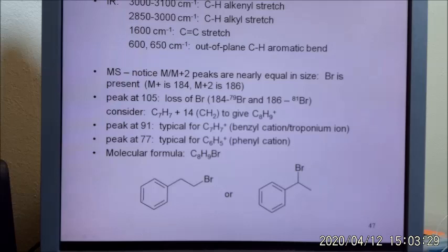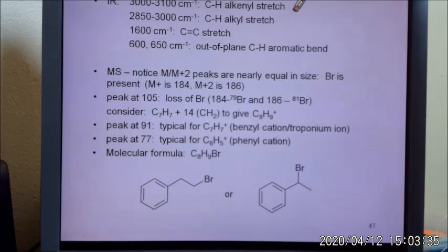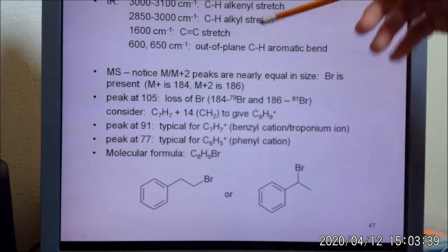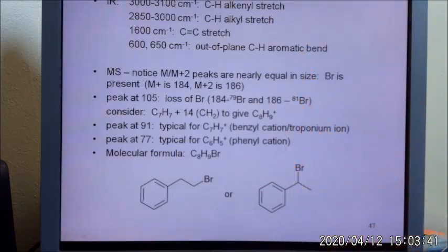Okay, so let's take a look. We have an alkyl stretch, carbon double bond carbon, and I think it's actually 700, 750, the out-of-plane CH aromatic bend. But also notice there were some other peaks there.